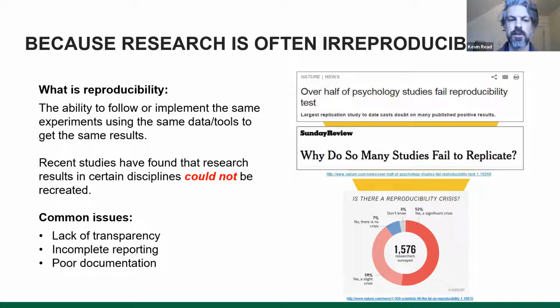And the main reason for this was a lack of transparency, incomplete reporting, so the authors were not describing everything they did, and really poor documentation. So even if people who were doing these studies could gain access to all the tools that those researchers used, they didn't know how to use them in accordance with how it was published in the paper. So here we're seeing a huge data management gap simply because people aren't reporting and describing what they're doing accurately.